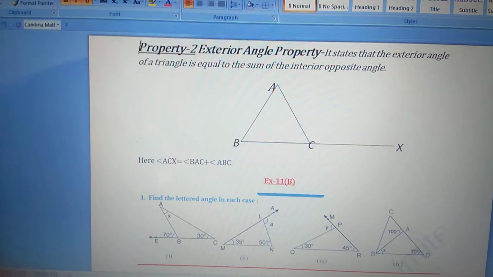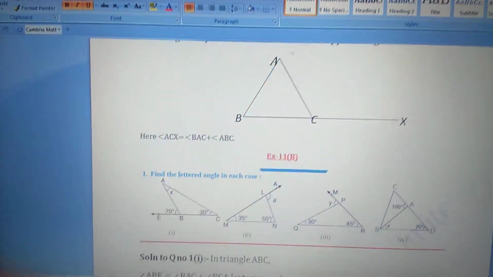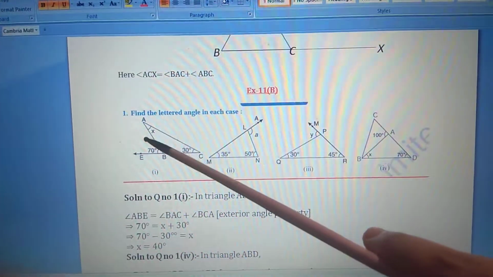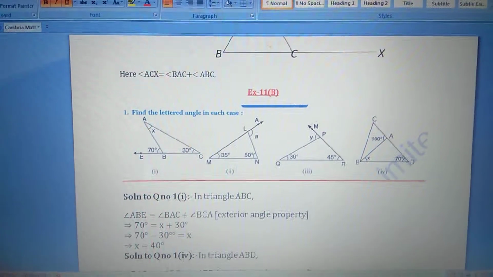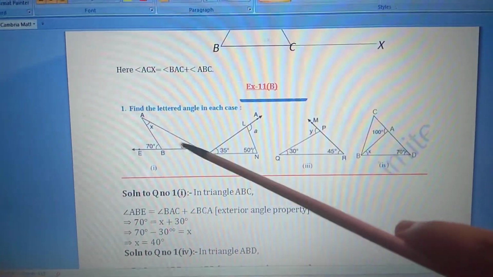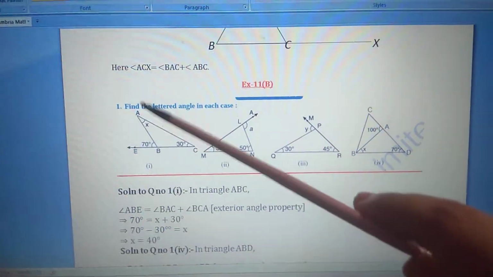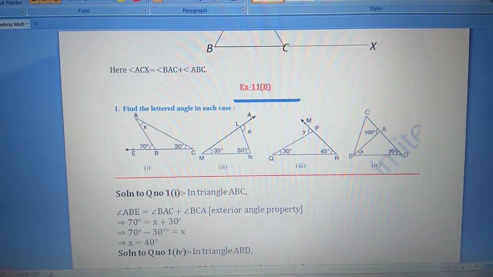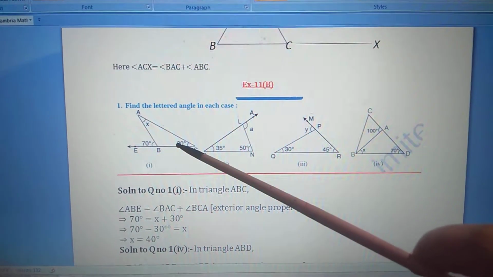So let's have a look at the exercise. Question 1: in the figure, you need to find the value of the lettered alphabet. ABC is a triangle where angle ABE is the exterior angle, and these two are interior opposite.